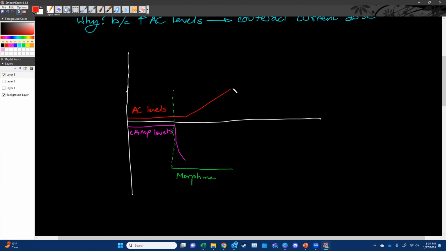So I'm going to start inducing more adenylate cyclase. As it is induced, we see a rise in cAMP, even though we're not changing the dose of morphine at all. So over time, the morphine becomes less and less effective.